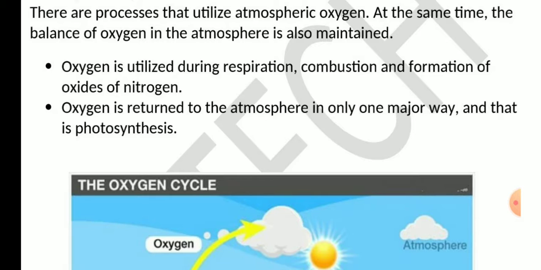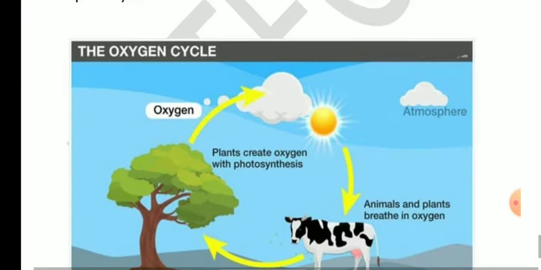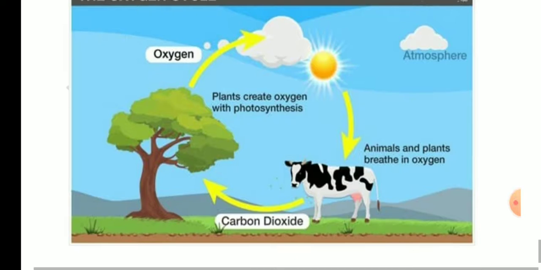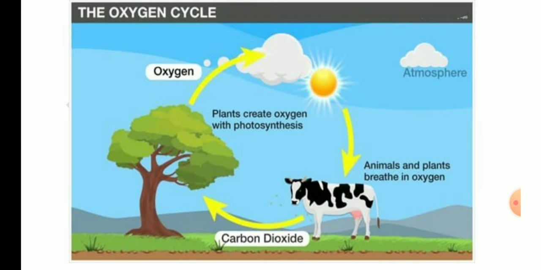Oxygen is returned to the atmosphere in only one major way, and that is photosynthesis. Understood, children? And this is the diagram for oxygen cycle which you need to draw. You need to draw it correctly and label it properly.